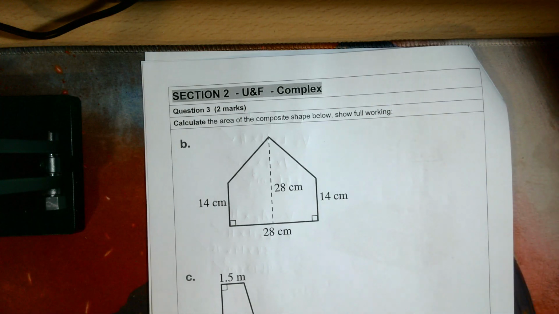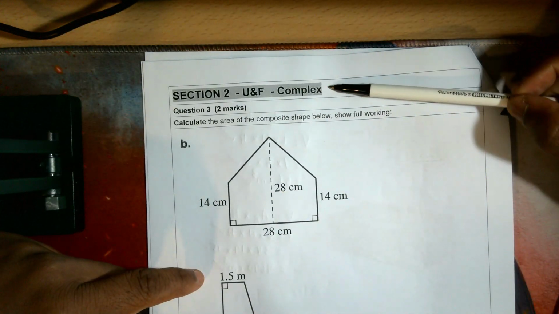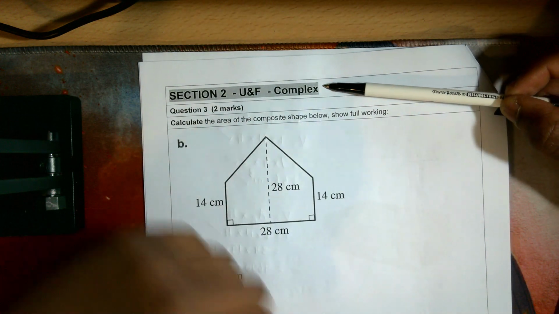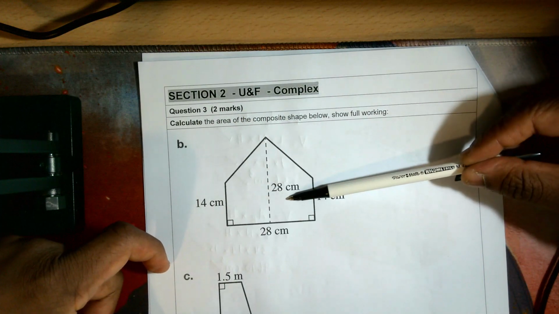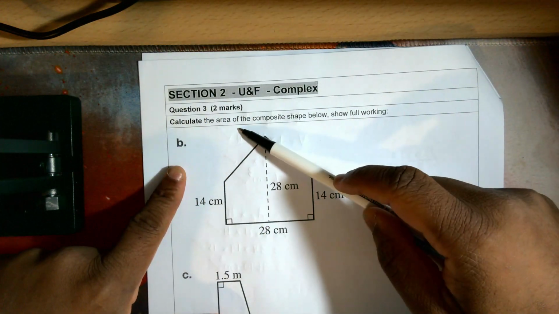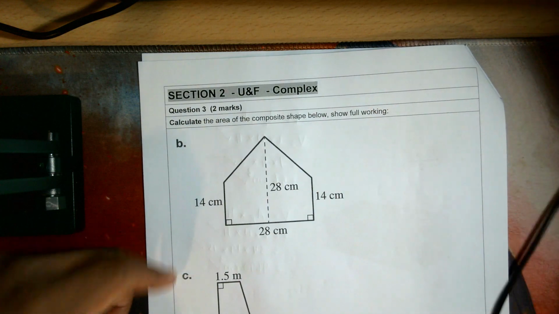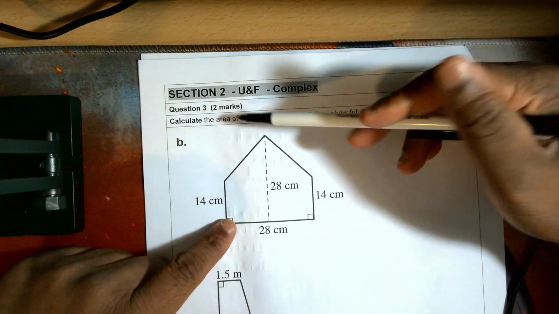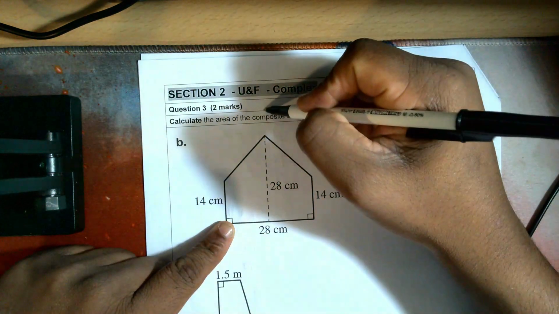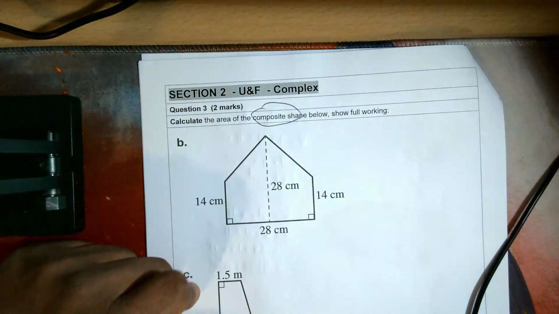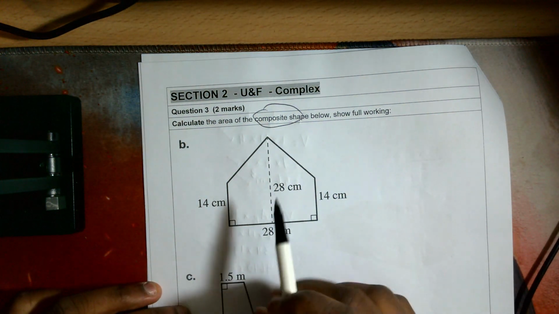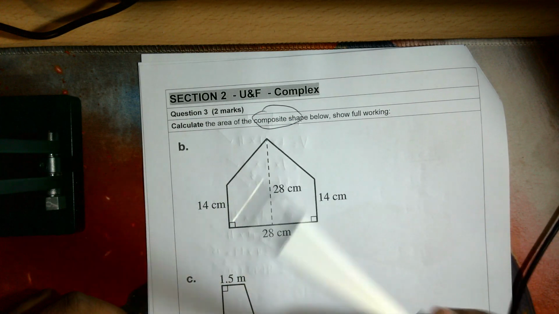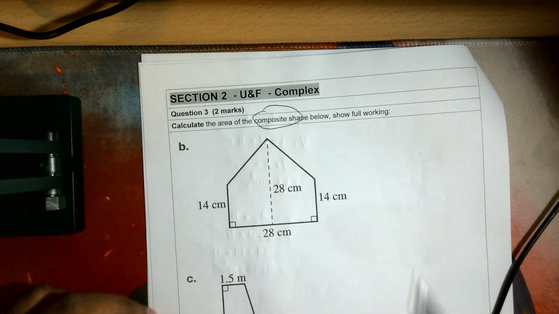Alright, this time we're adding more complexity because we've gone from a single shape to a composite shape. And you have to calculate the area of the composite shape. When you see the words composite shape, what you've got to think to yourself is, what shapes are combined to make this shape?